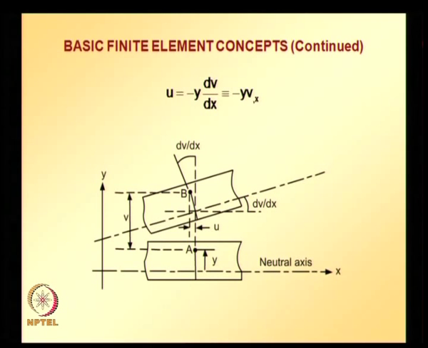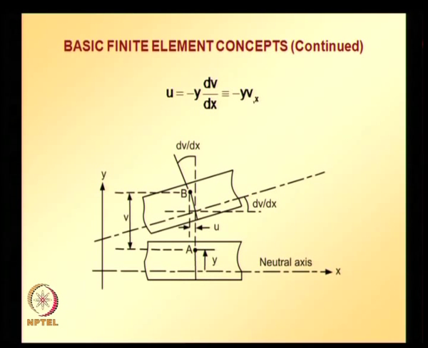Two displacement components are shown here, u in the x direction and v in the y direction. Assuming u to be positive in the positive x direction, the point A, because of the application of load and this bending deformation, has moved in the negative x direction.